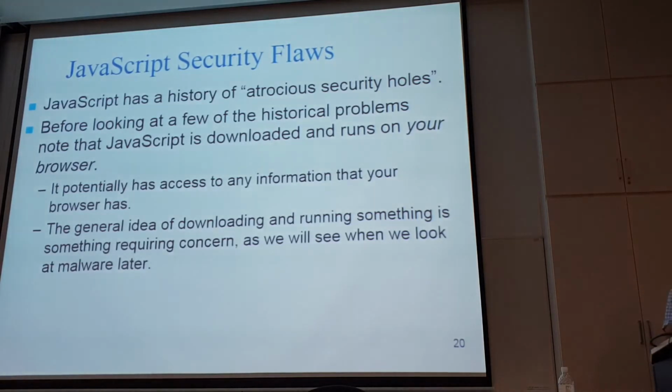Nowadays, if you open a web page that contains active content, it will be blocked by default by the browser, and the browser will give you a warning and ask whether you want to enable the content or not.